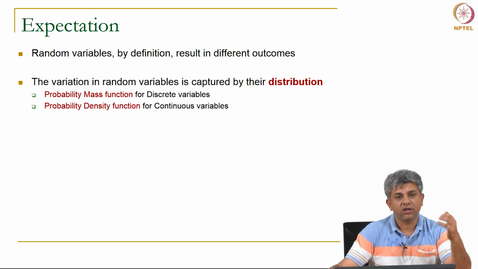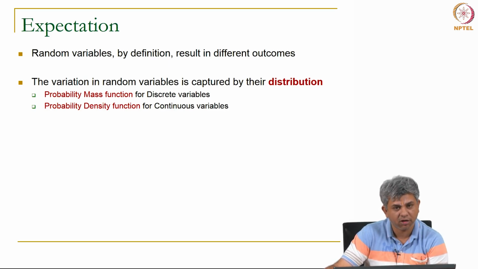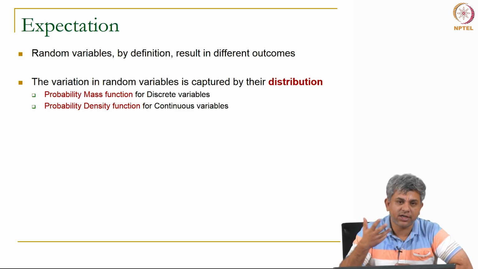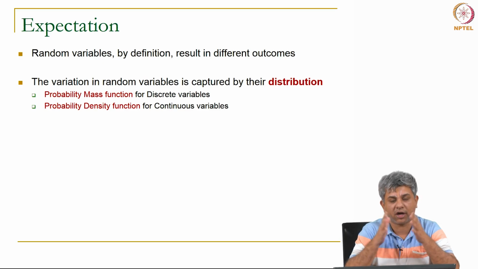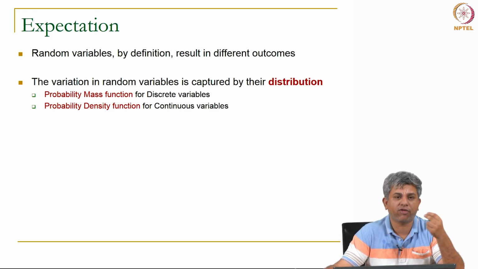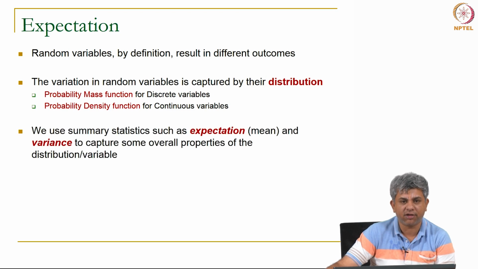Similarly, for a continuous variable such as height, weight, temperature, pressure, stress, strain, etc., you have a probability density function that tells you how likely a range of values is. So, the probability that height varies between 5.6 and 5.7 is something. That would be a probability density function.